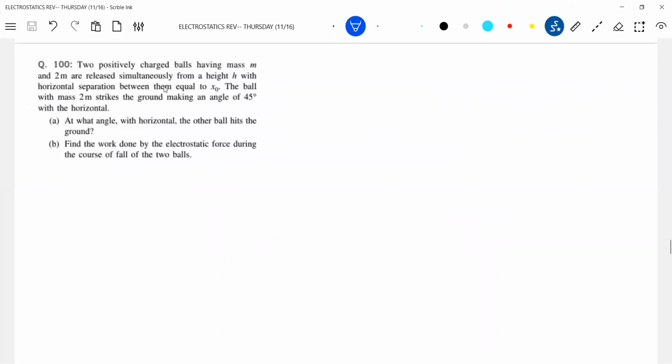Read the next one. Two positively charged balls having mass m and 2m are released simultaneously from a height h with horizontal separation between them equal to x naught. This is some problem based on projectile.